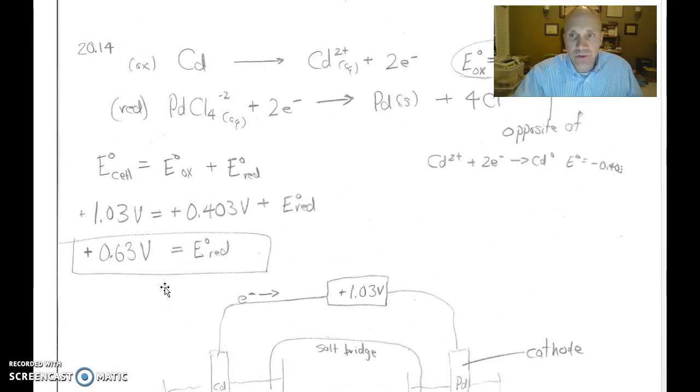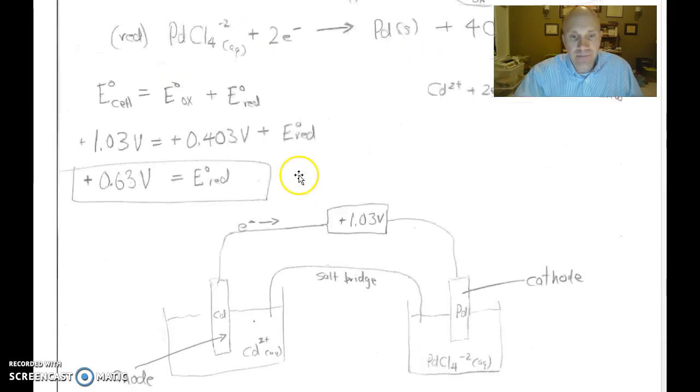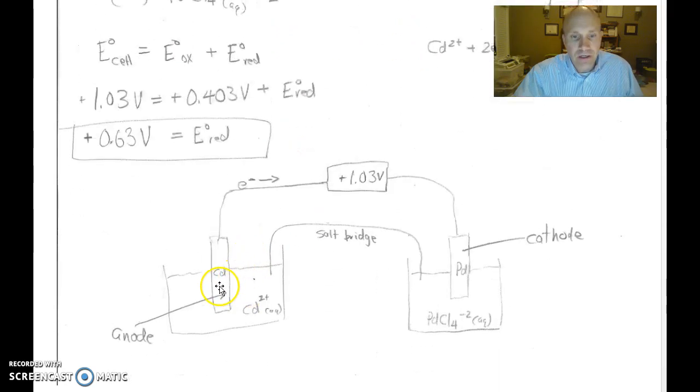If we're going to do a little sketch of this, notice that the cadmium is the one being oxidized, so we want to show that as the anode. Since it's being oxidized, it's losing electrons, so the electrons are going this way. The palladium is going to be the cathode.